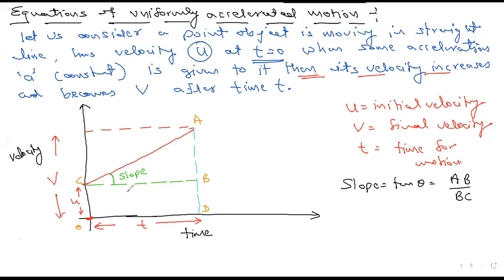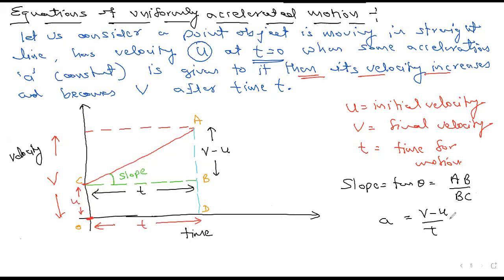You can see AB, this value will be equal to V minus U, and this is T. I hope my message is clear to all of you. This is V minus U upon T. So this is equal to a. Am I clear?